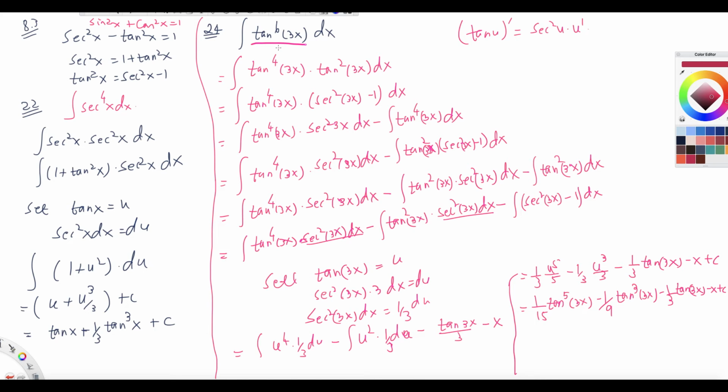It will be single power, double power, because it is tangent to the 4th and tangent to the square. That tangent square can be written as secant square minus 1. That's why we were doing that. And then secant square, the derivative of the tangent will be secant square, so it will be used later. That's why we did it that way.